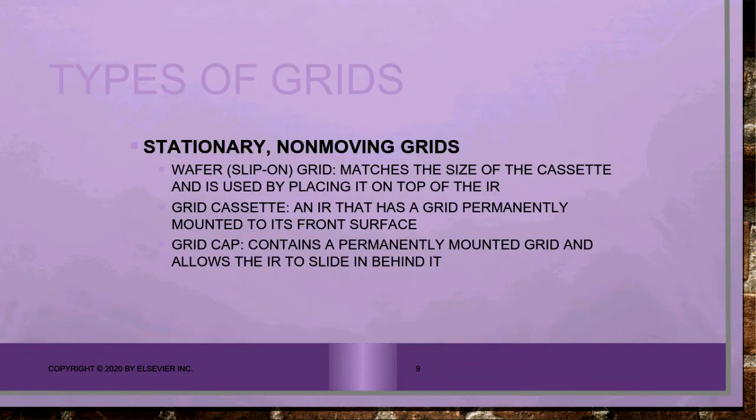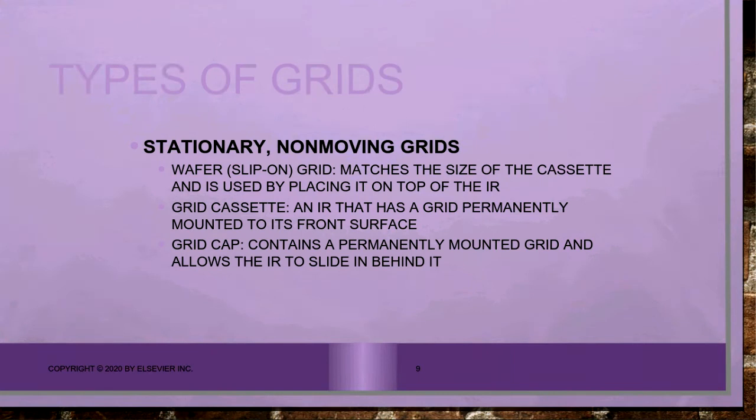Now, the grids can either be stationary or they can be moving grids. These 3 examples here, a wafer grid, a grid cassette, and a grid cap, are all stationary, non-moving grids. Right? So these would be things that you would utilize either on portables or in the department.